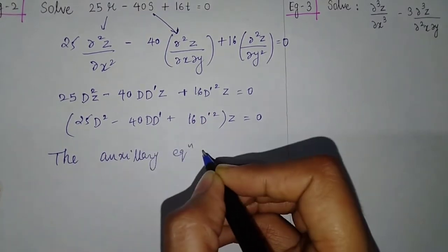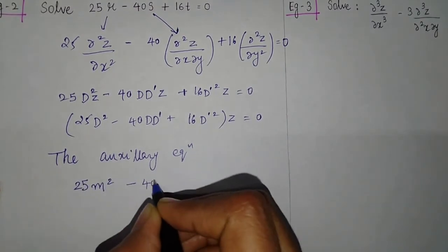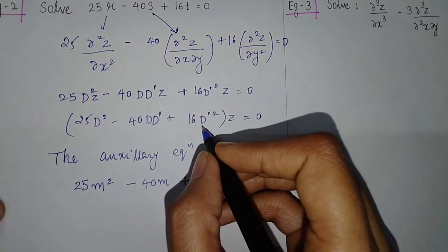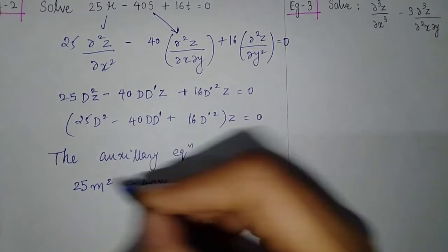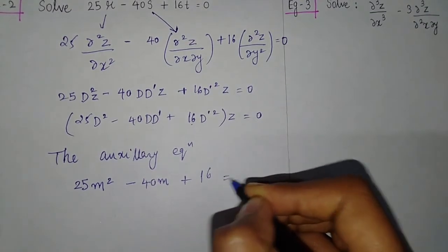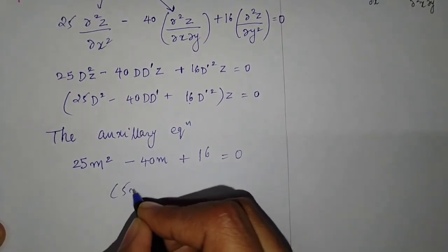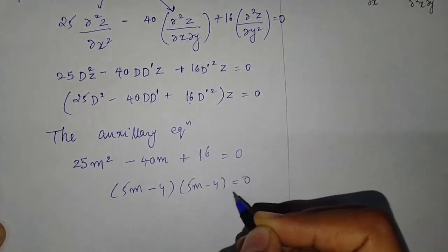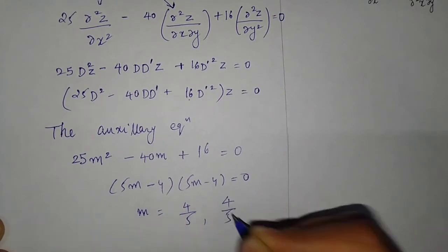So the auxiliary equation will be 25 m square minus 40 m plus, in terms of D dash square being 1, D D dash is m and D square is m square, so here I will get 16 into 1, that is 16, equal to 0. And again if I find the factors, it will be (5m minus 4) into (5m minus 4) equal to 0. So I will get the value of m, that is 4 by 5 and 4 by 5.